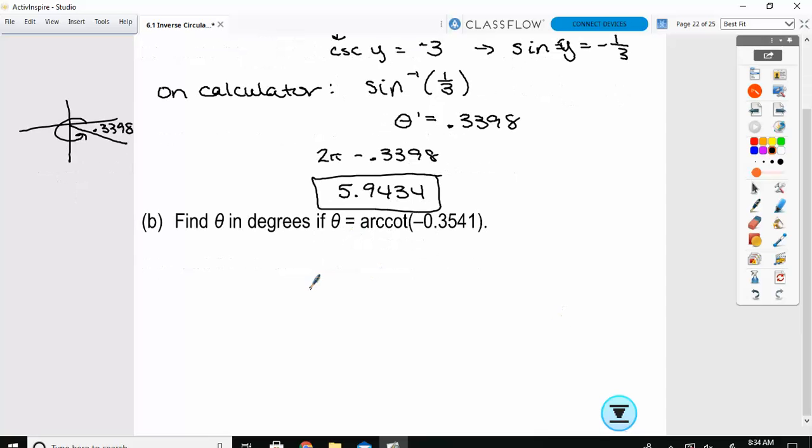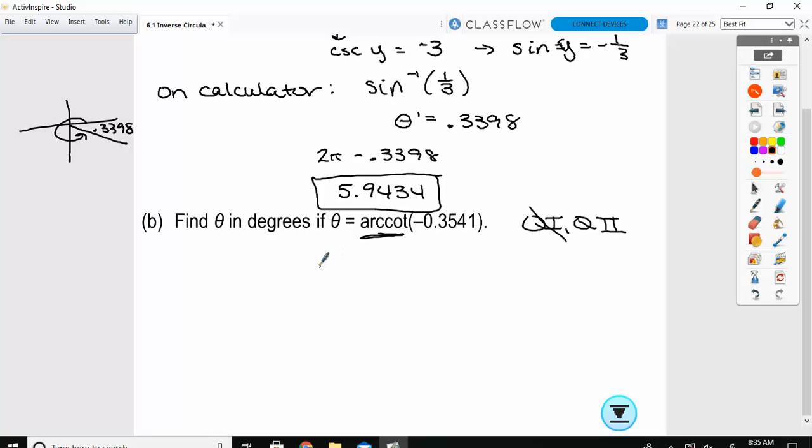B. Find theta in degrees. So if I'm in degrees, we need to switch our mode over to degree mode. I see cotangent inverse. That tells me which quadrants. But it's a negative, so that's quadrant 2.